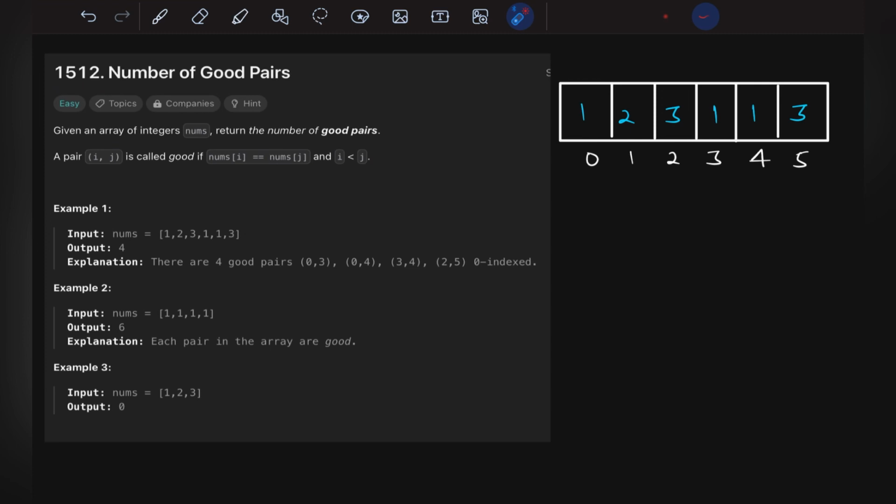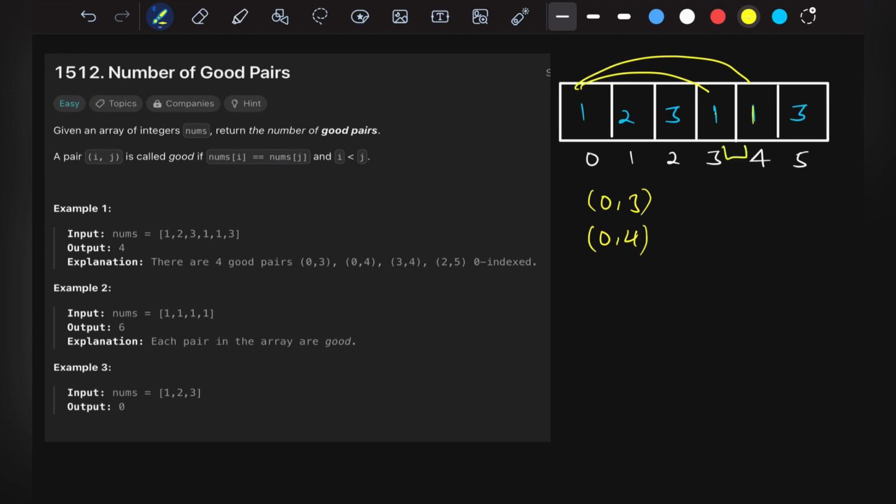Let's say for example we are given a particular array. I have taken this example so that I can explain in more detail. Now we can say that this one and this one are both equal, therefore 0 and 3 are equal. That is these 3, and again this one is equal to this one, so it would be 0 4, that is these 2, and again these two are also equal, that is 3 4, and again this 3 is equal to this 3, so that is 2 5.